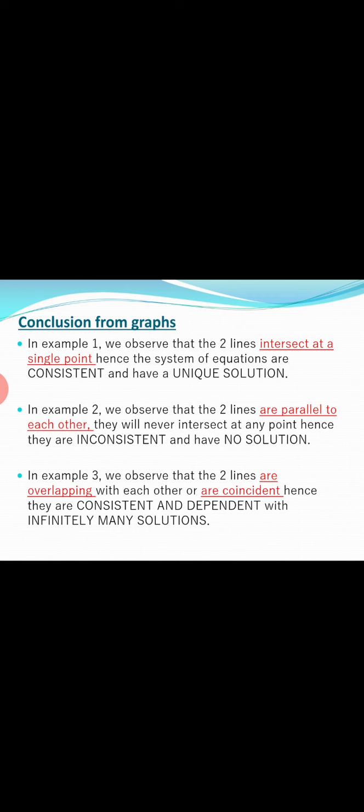Now parallel lines, that means they will never intersect at any point. Hence such pair of equations are called inconsistent and they have no solutions. And the third case where we saw that lines were overlapping or they were coincident with each other, they are consistent and dependent and they have infinitely many solutions.